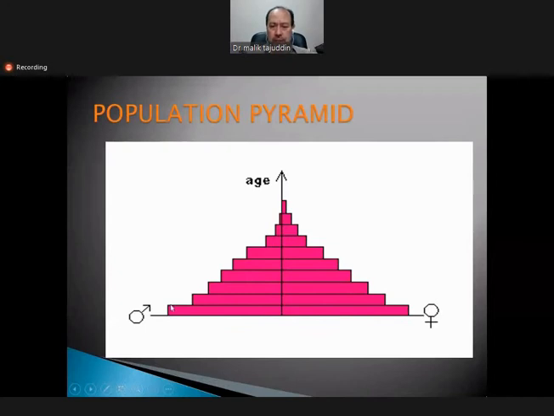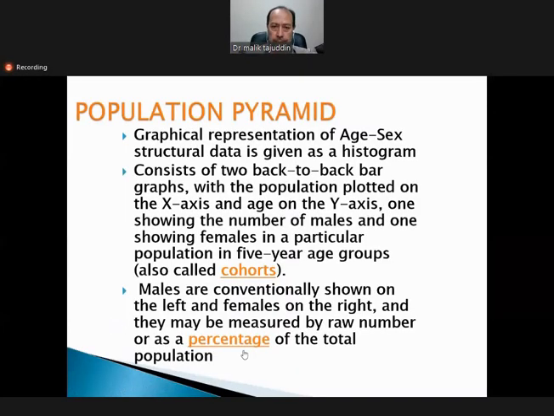Suppose this is 6 and this is 6 again. So you can see in millions that in this country there are 6 million boys from 0 to 5 years of age and 6 million girls from 0 to 5 years of age. So the total under-5 population is 12 million, and the ratio of contribution is 50-50. So in this way, the x-axis represents the number of population, and the y-axis represents the age.